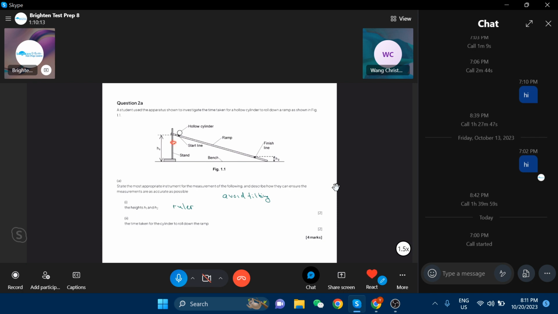If I make it, let's say, up to here, then my line goes like that, or better like this. What effect does that have on the experiment in regards to what you measure?